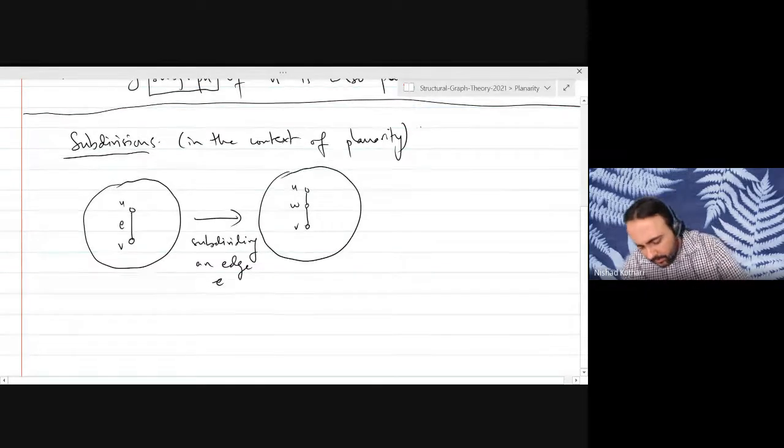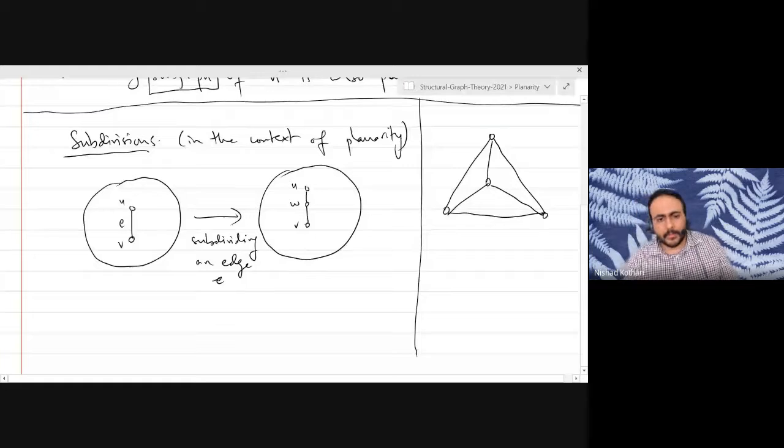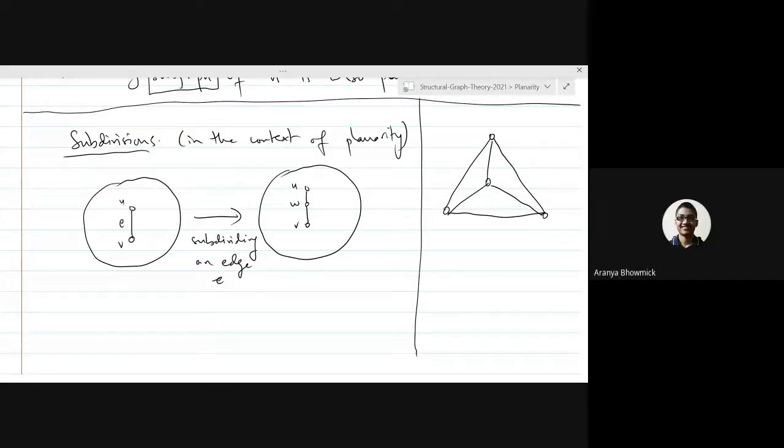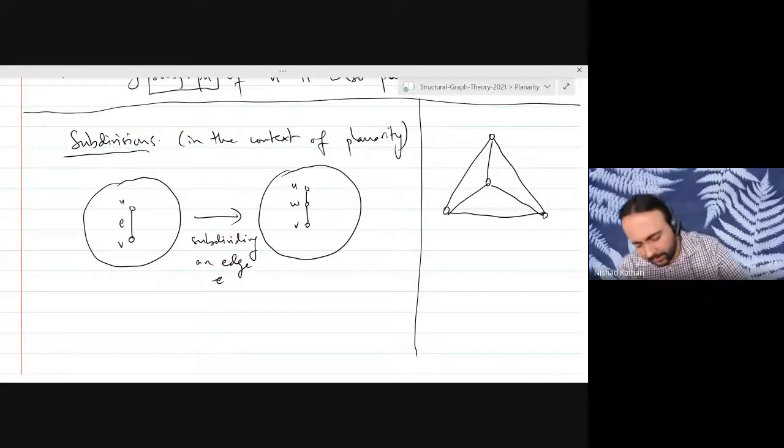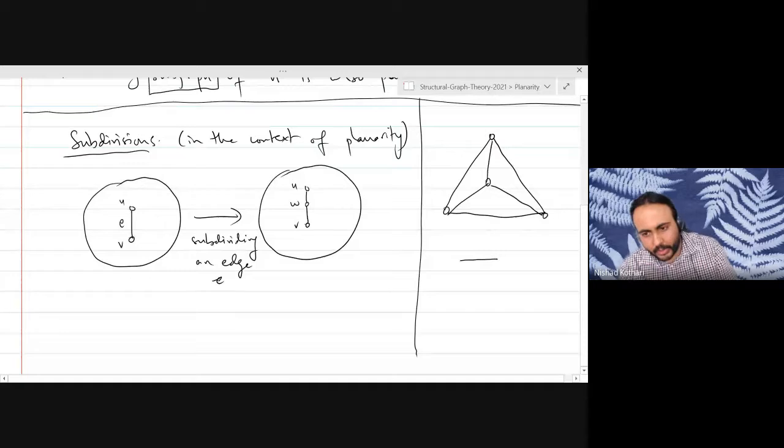So what happens in the case of planar graphs? If I give you a planar graph, and you subdivide an edge, what will you get? I think it will be a planar graph. It will be another planar graph, right? Because there is no difference topologically. An edge is just an arc joining two points, and a path is also topologically an arc joining two points, right?